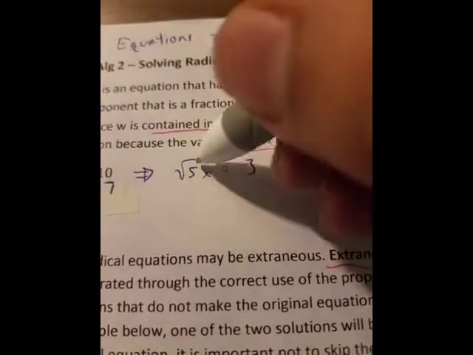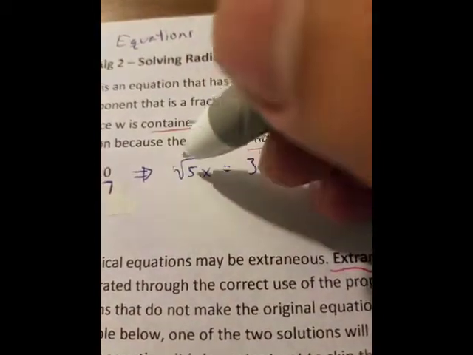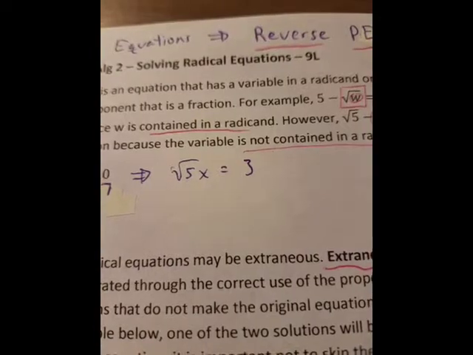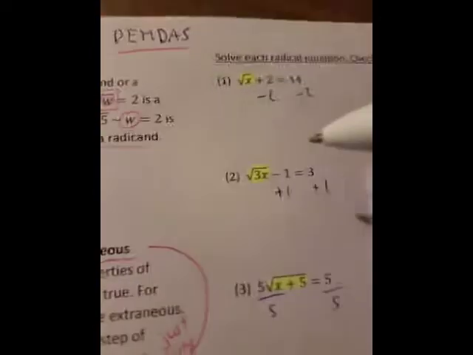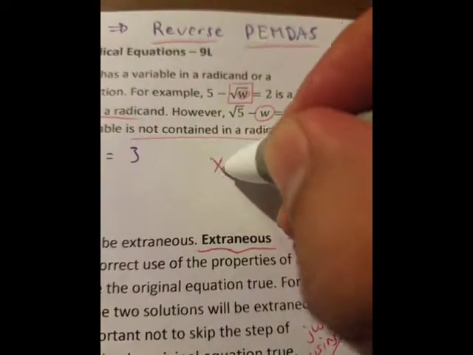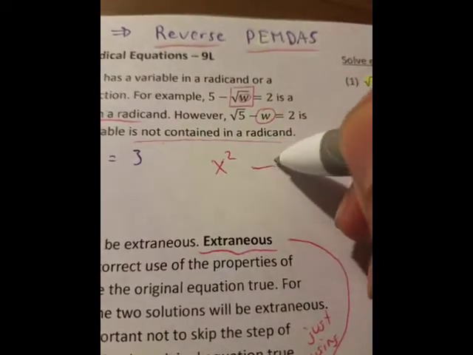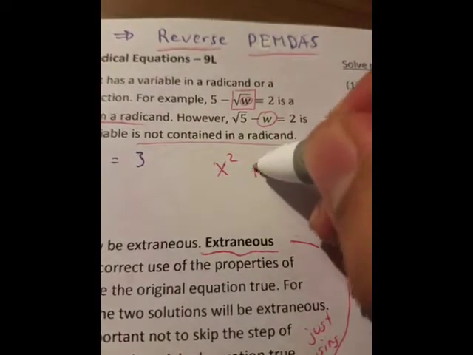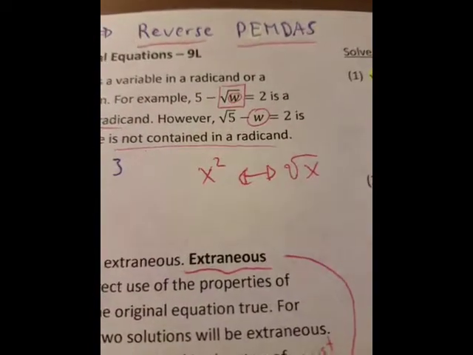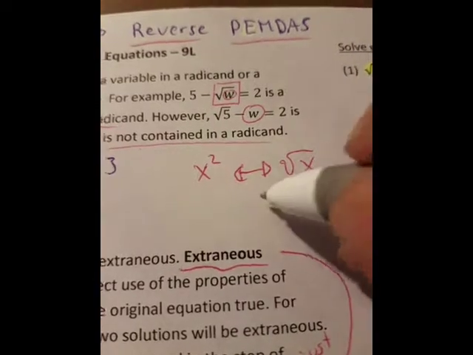When you have this square root, you can undo that with a square. You've got to understand here, let's write it: x to the power of 2, like a square, undoes a radical. They are inverse operations.